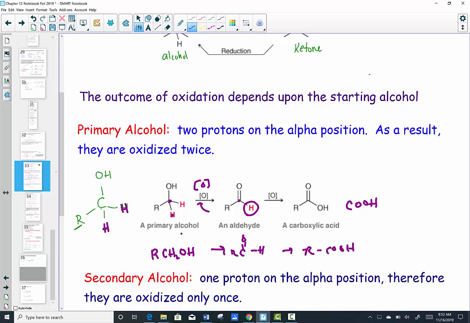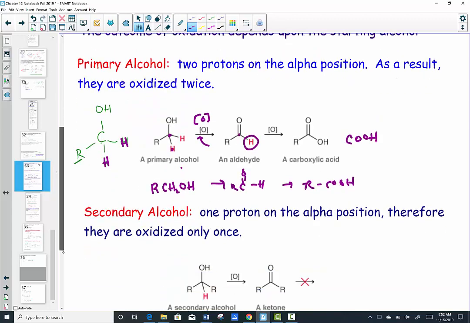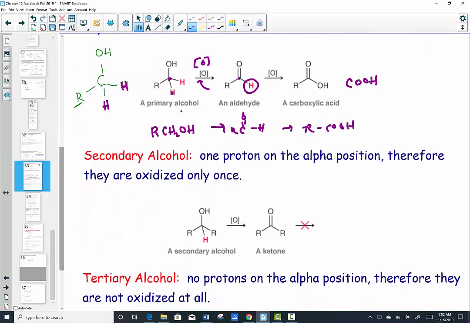of COOH. Now with a secondary alcohol, the carbon that's attached to the hydroxyl group is attached to just 1 hydrogen. So we only have 1 site of oxidation, and therefore the ketone that forms is the end product. There is no next step to the carboxylic acid because there's no second hydrogen that can be oxidized.